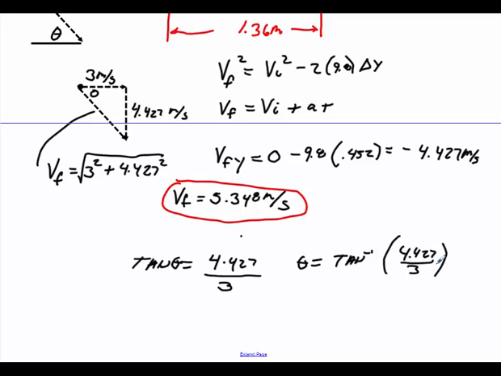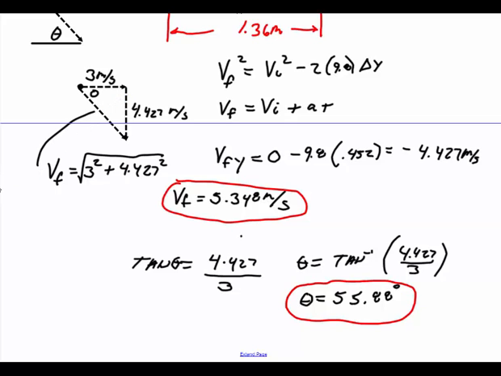I'll get an angle of 55.88, again within rounding error. And that's going to be the angle at impact. Now, the thing you could have done, and it makes no difference, nothing says you have to do the tangent. Since you know what this one is, you could have done an inverse sine or inverse cosine. Either one would have worked fine.